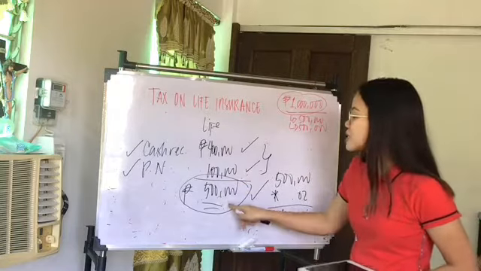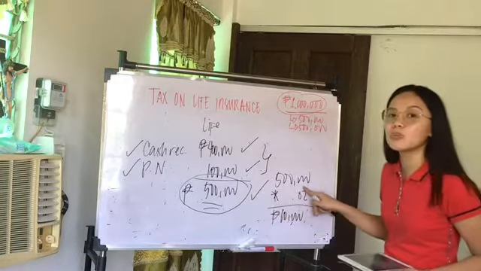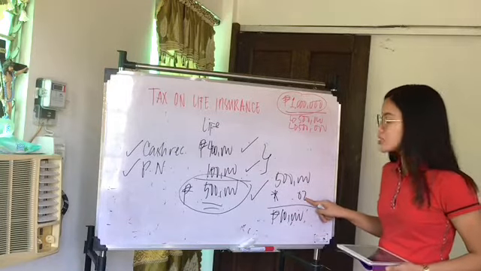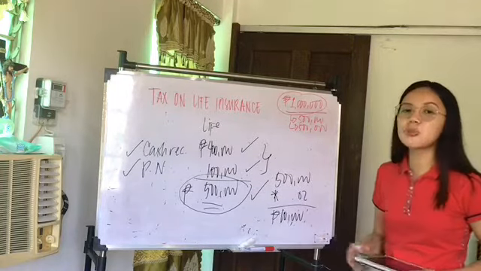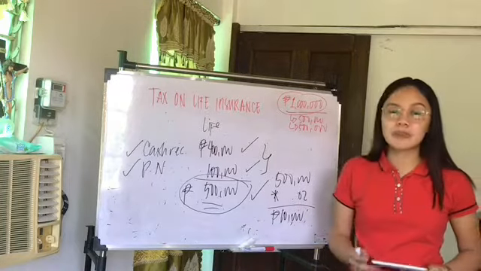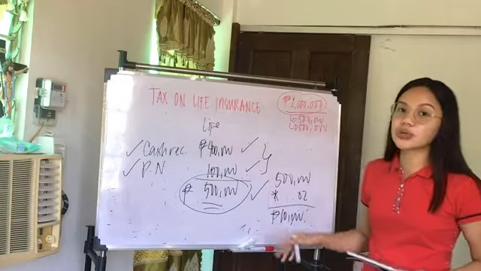So the tax base is 500,000 pesos. You multiply it by the tax rate on your life insurance, which is 2%. 500,000 times 2%, you get the amount of 10,000 pesos. This is your gross receipts tax on your life insurance.